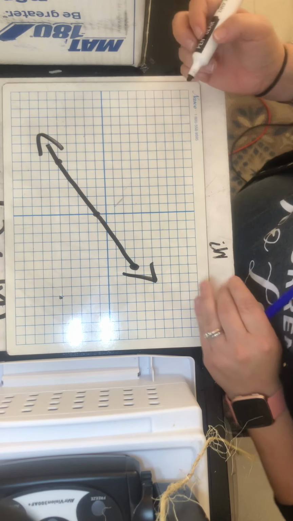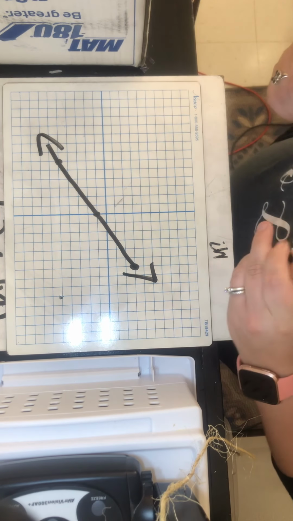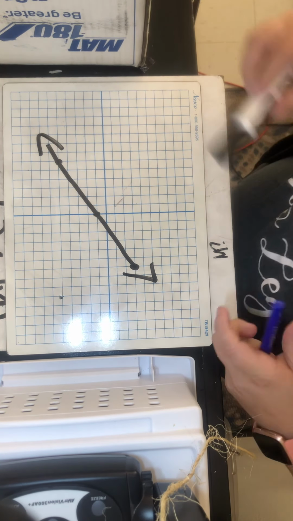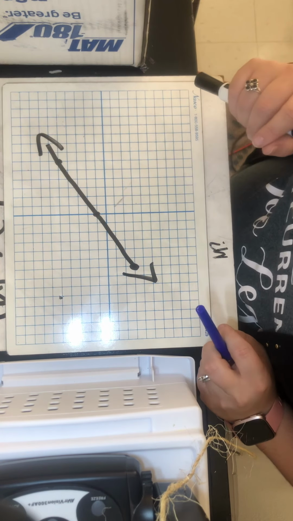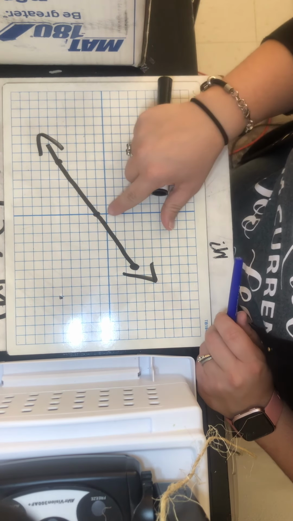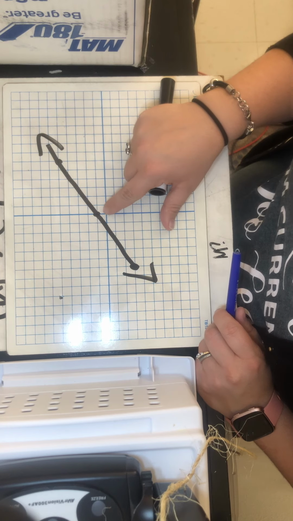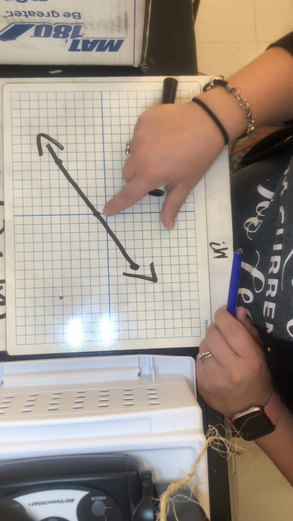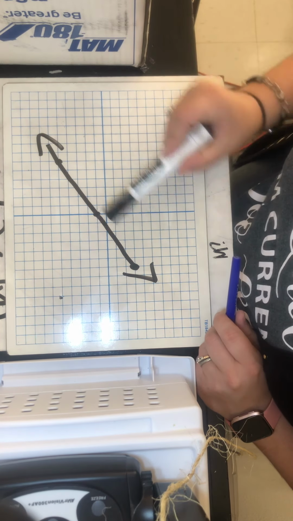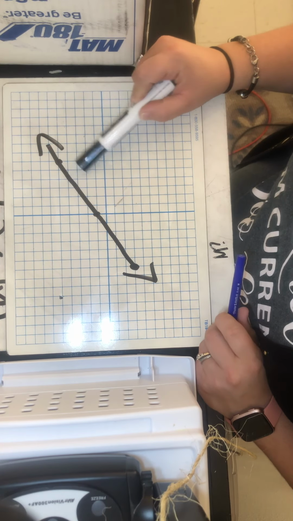Is this a proportional graph? No, it is not. Why is it not a proportional graph? Because it doesn't go through the origin. This is the origin, the point that's right in the middle. It is a straight line, which is what we do look for.